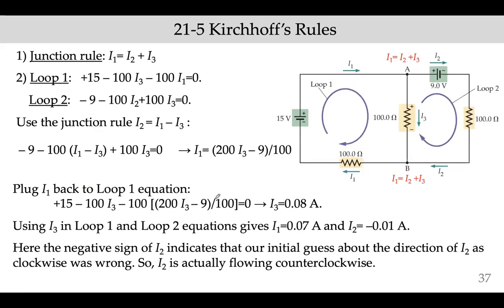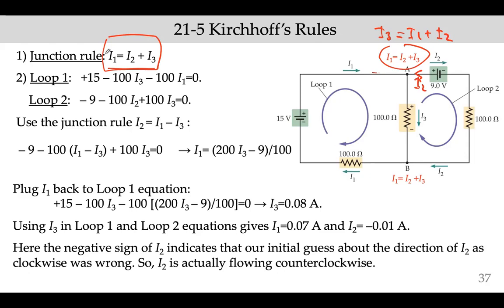Okay, let's continue. So we first have the junction rule. In this case, I1 equals I2 plus I3. But don't memorize this, okay? This is valid for this problem. Again, if I choose the current direction I2 as to the left, then I would write I3 equals I1 plus I2. So it's different than this one.